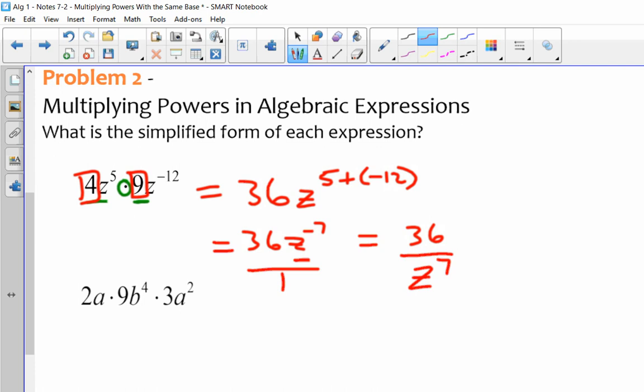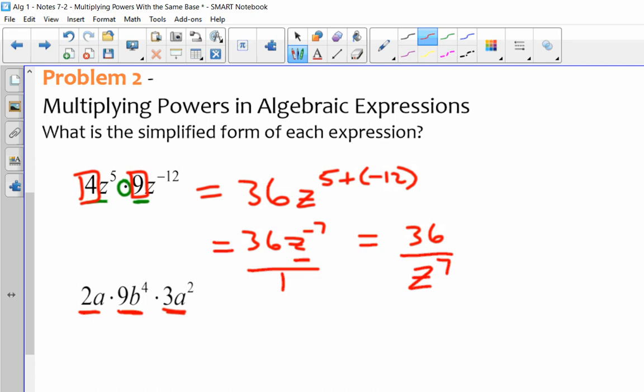All right, so what I'd like you to do is try this one. You've got the same base here and here, but you've got a different one here because it's got the b in it. I did one just a little bit ago for you when it was different. So why don't you try this one on your own and see what you get.